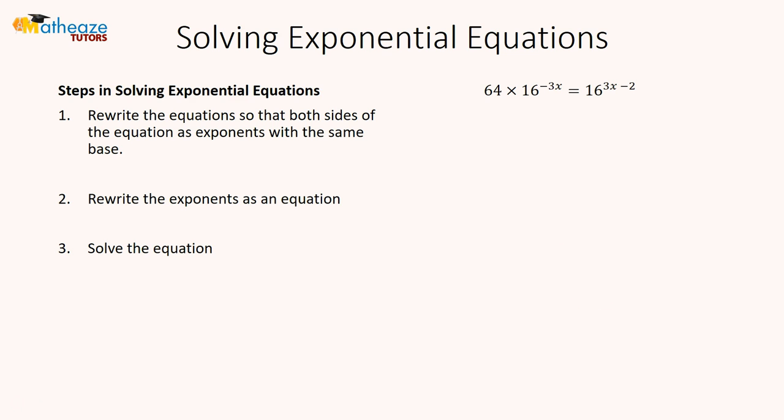Now here we have 64 multiplied by 16 to the power of negative 3x equal to 16 to the power of 3x minus 2. What you can do here is, if we look at 16, 16 is 4 to the second power, and 64 is 4 to the third power.